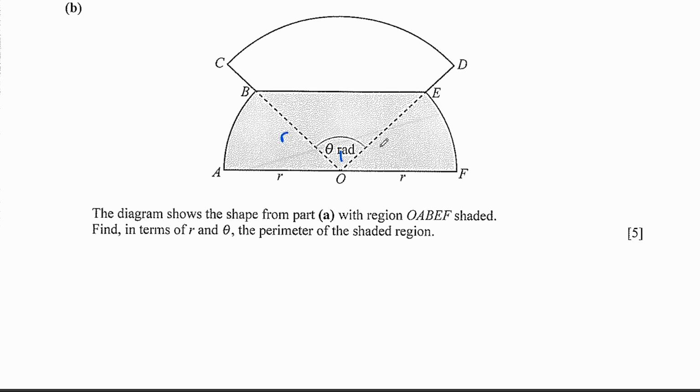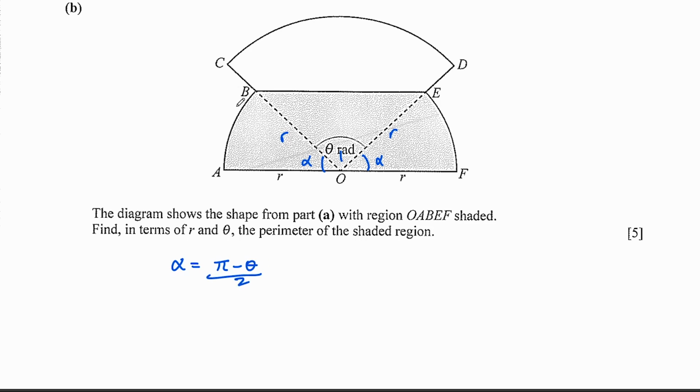So, obviously, maybe we can label this as alpha and alpha, and we know that all these three angles add up to become 180 degrees or pi radians. So alpha will be pi minus theta over 2.